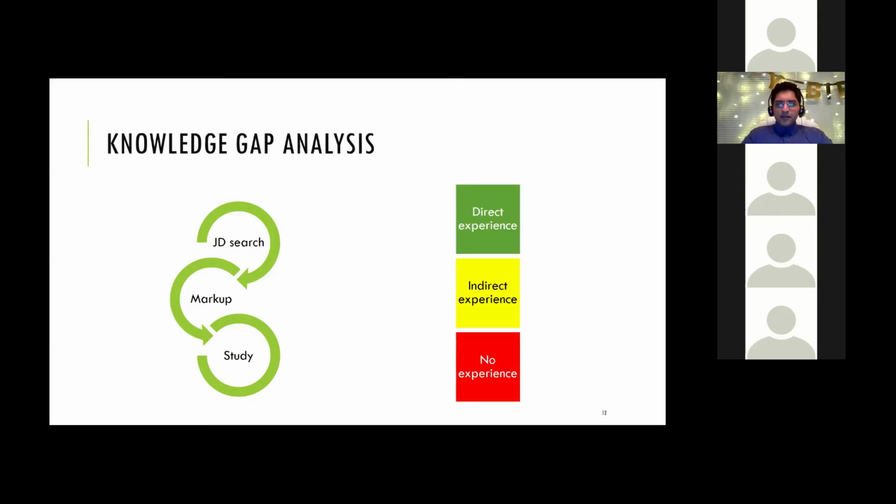And then I begin marking them up and highlighting them, highlighting those bullet points green where I have direct experience, highlighting those bullet points yellow where I have indirect experience, and highlighting those bullet points red where I have no experience. So the purpose of this exercise is to convert that document into a landscape of how much experience I have and how close I am or how far away I am in making that transition happen.